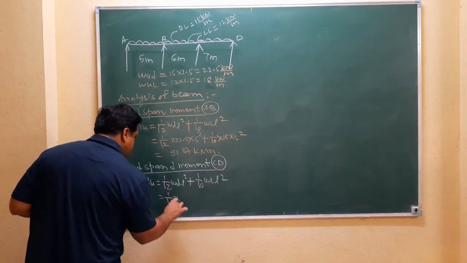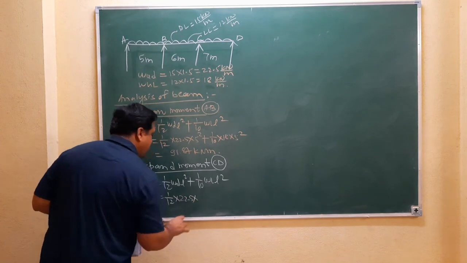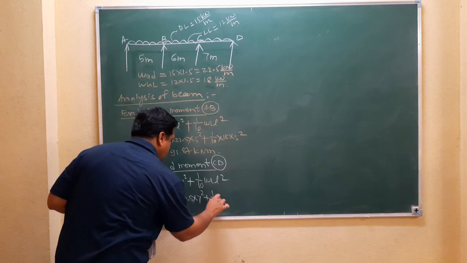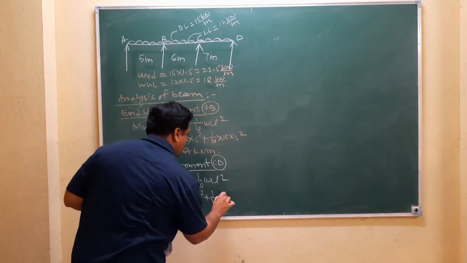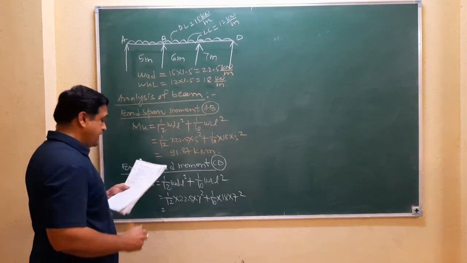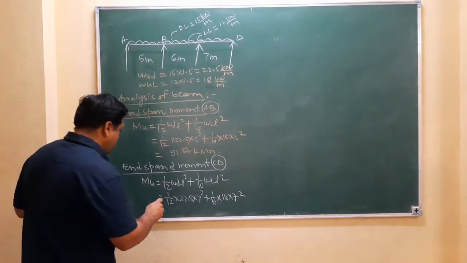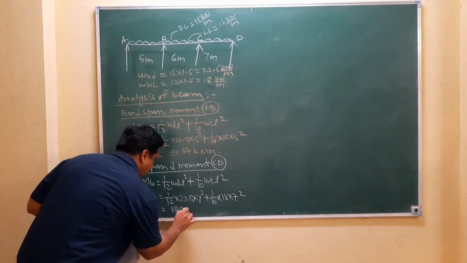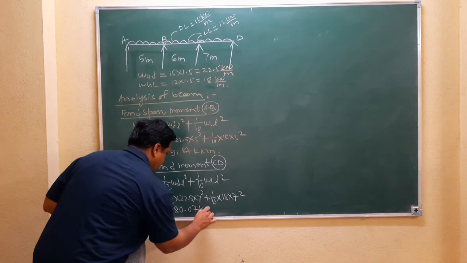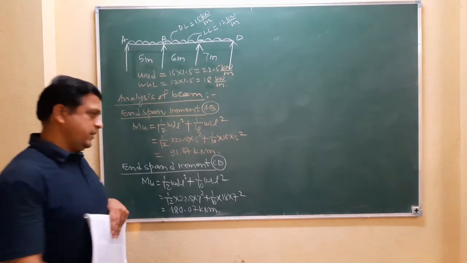So 1 by 12, dead load is 22.5, now put the span 7 meter, 7 square, plus 1 by 10 into 18 into 7 square. So already I have calculated the value to save the time, it is 180.07 kilonewton meter. Okay, is it?